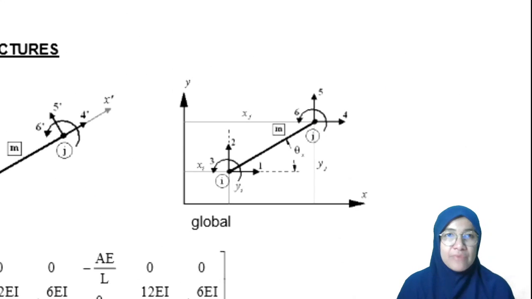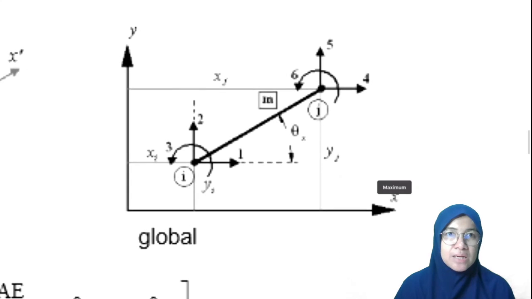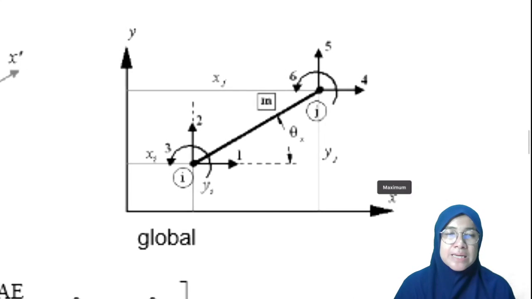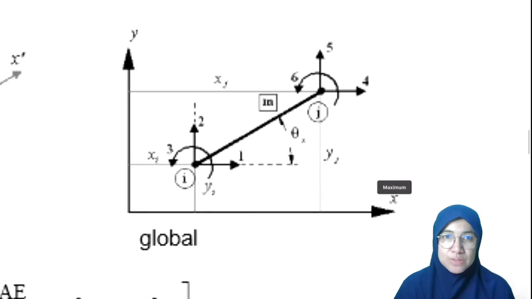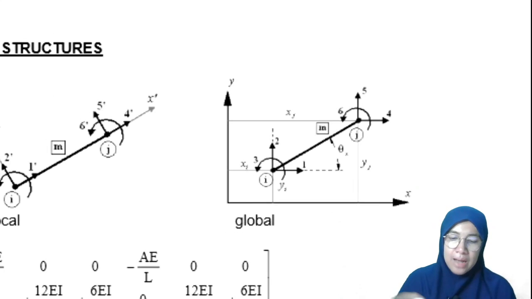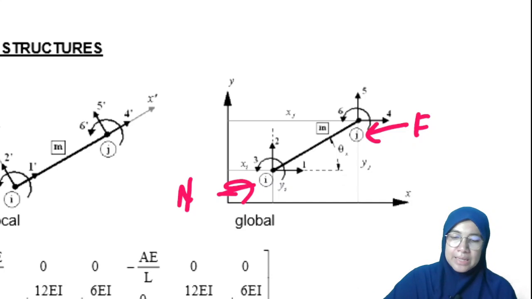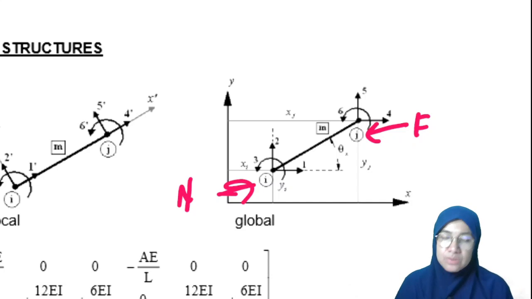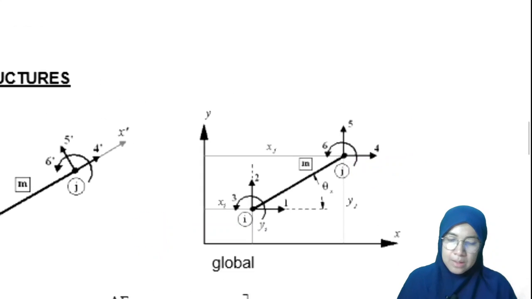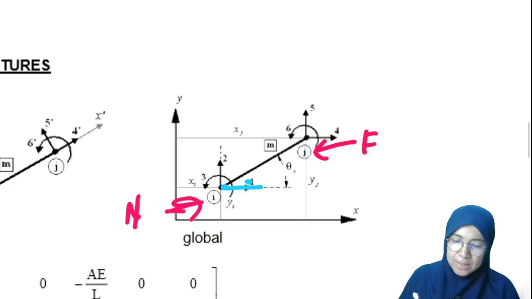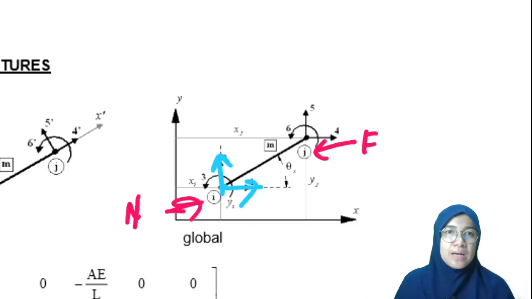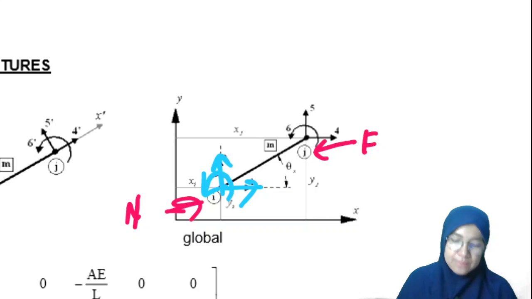However, in frame we can see here that there are 3 degrees of freedom per node. As we can see, I becomes the near end, and J becomes the far end, and in each node there are 3 degrees of freedom in x direction, y direction, as well as z direction.